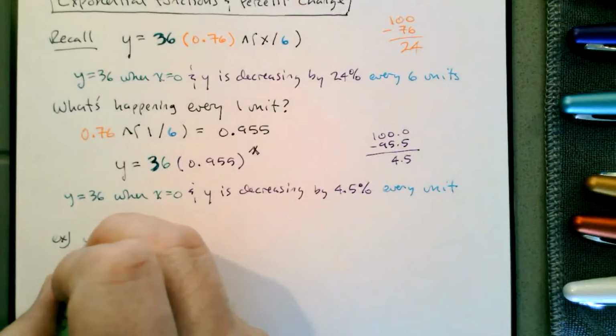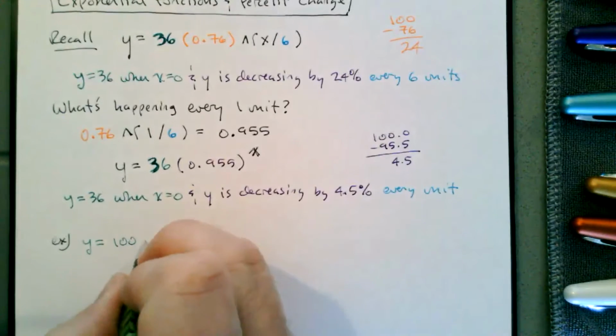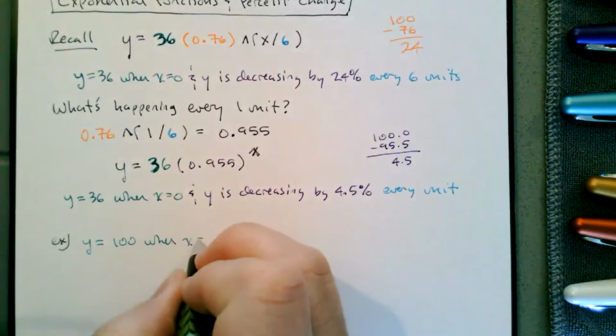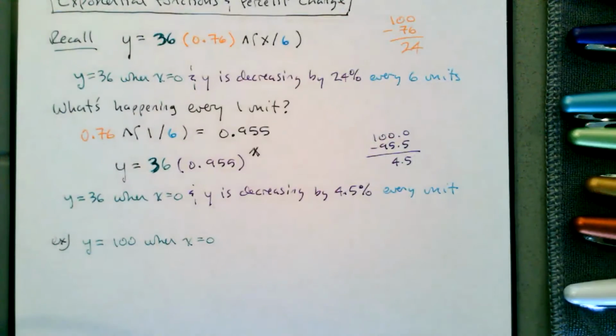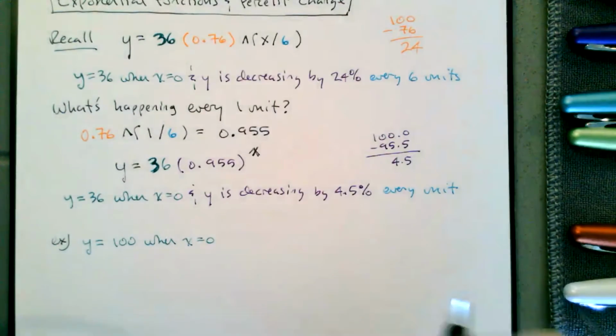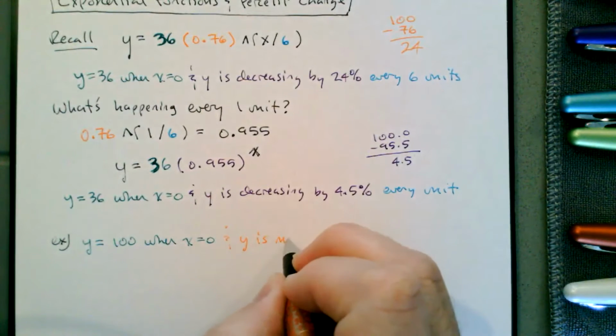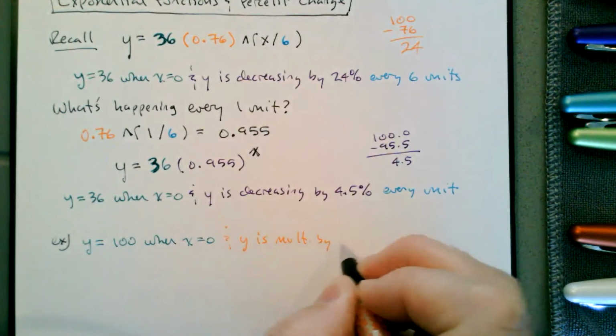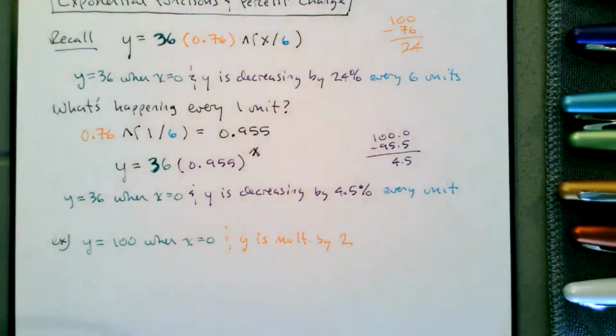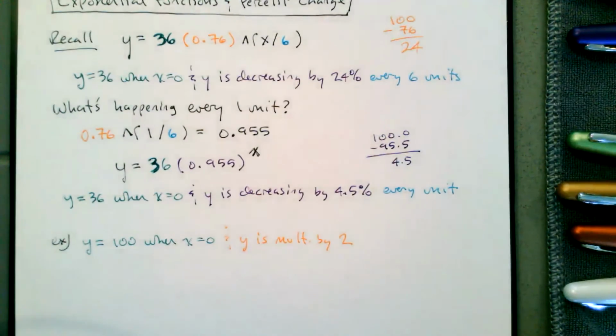Let's suppose that y is equal to 100 when x equals 0, and let's suppose that y is going to be multiplied by 2 every 8 units.